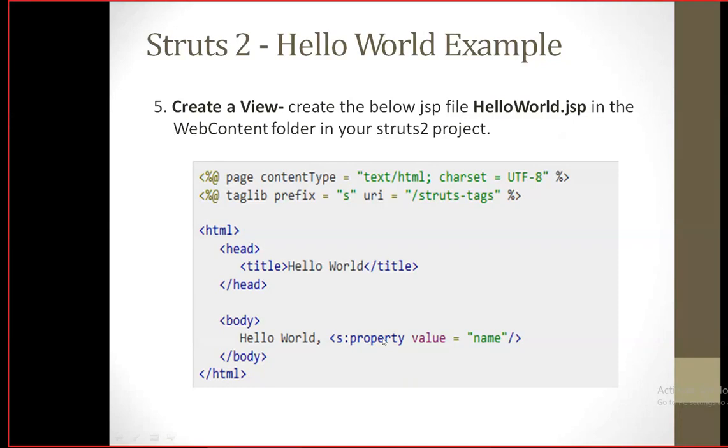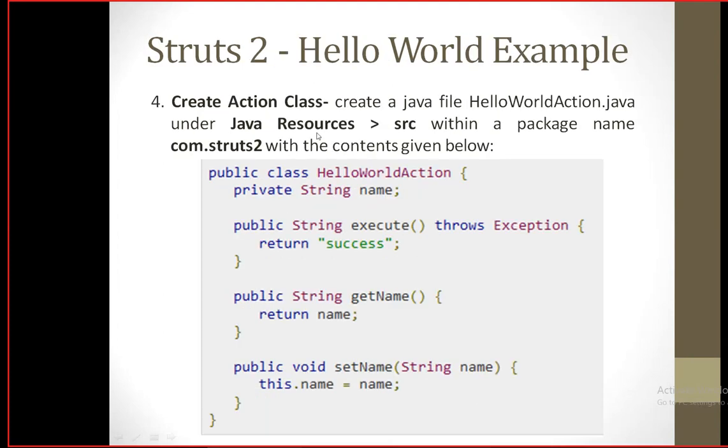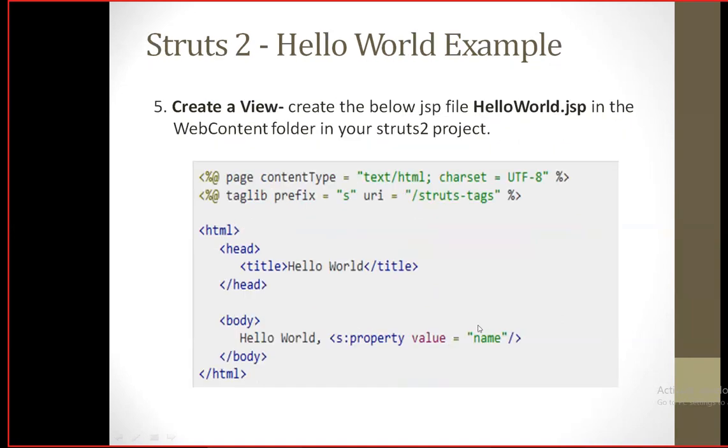Now in order to fetch any property, we use the property tag in the JSP page, and the name of whichever property we want to fetch is to be mentioned over here. This name is given when we wrote the input form, where the name field is there, right? So that name we are using over here. Understood? It is not at all required that your data member name and the name you are using over here should be the same, right?